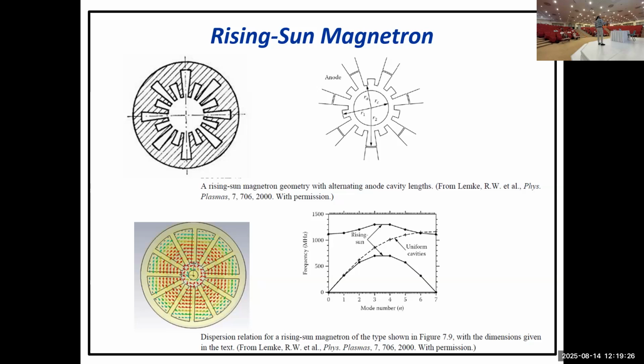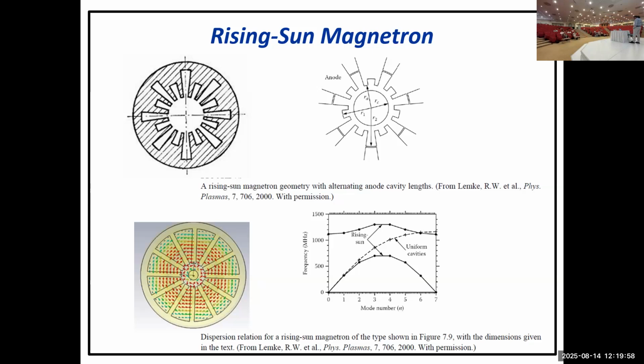You notice that this is the rising sun, and the uniform cavities, with the same number of cavities, of course, will have their pi mode here. So basically, you can have the electron beam interacting with the lower frequency for the rising sun and the higher frequency, the pi mode, for the case of uniform cavities.